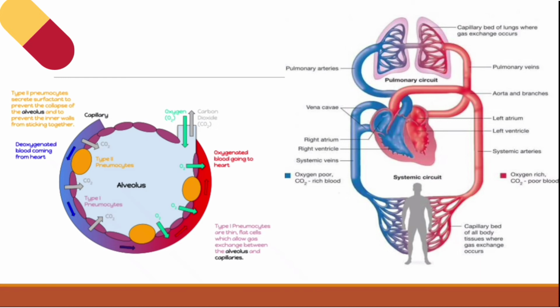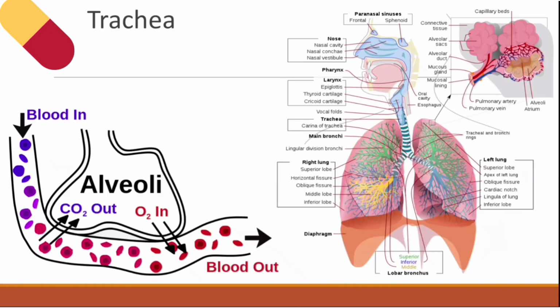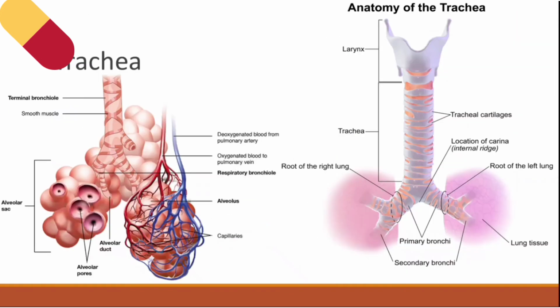If we take a single alveolus out of the bunch and magnify it under a microscope, we can see that the alveolus is surrounded by a single capillary, but in reality they are surrounded by multiple capillaries to have a very close contact with the blood, as we have seen in this diagram in the trachea section, right?